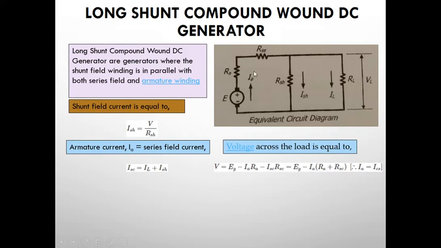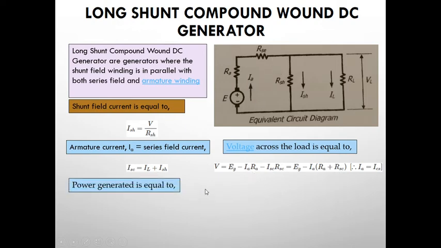Since they have the same current, being connected in series, simplifying, ISE is equal to IA, so EG minus IA times the quantity of RA plus RSE here.